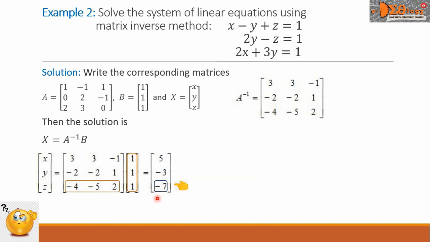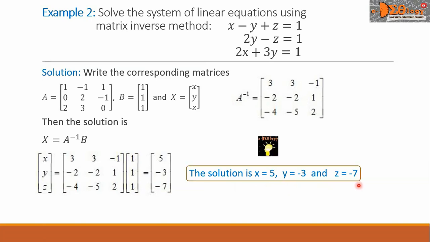And we get this negative 7 if we multiply this row by this column. So we write now the final answer: the solution is x equals 5, y equals negative 3, and z equals negative 7. This is our final answer.